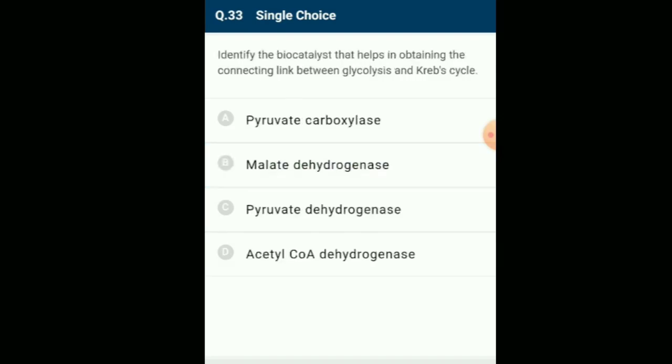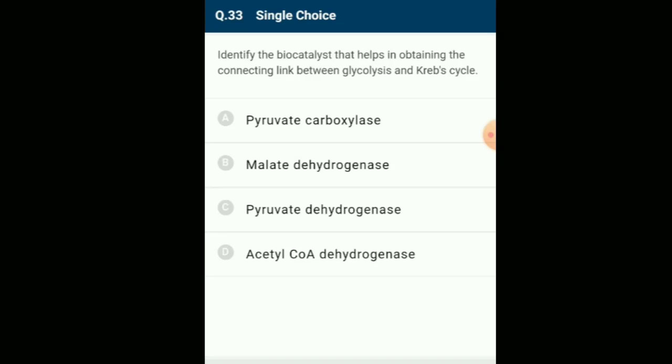Question number 33. Identify the biocatalyst that helps in obtaining the connecting link between glycolysis and Krebs cycle. Two molecules of pyruvate are formed by the glycolytic reaction occurring in the cytosol of the cell.